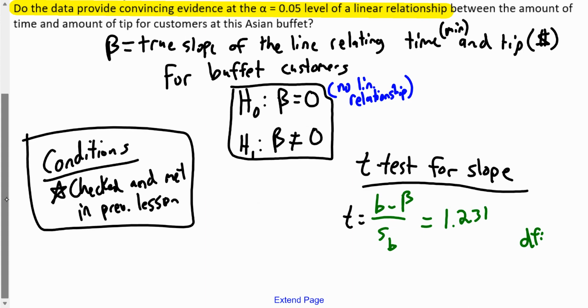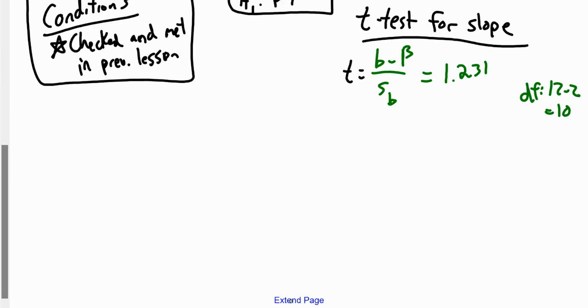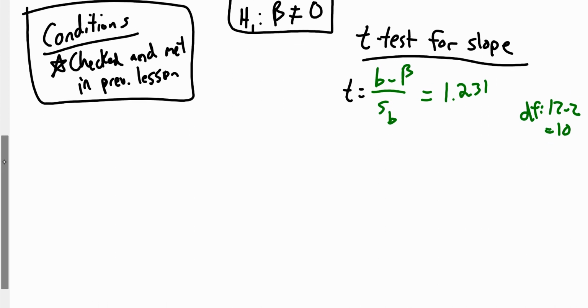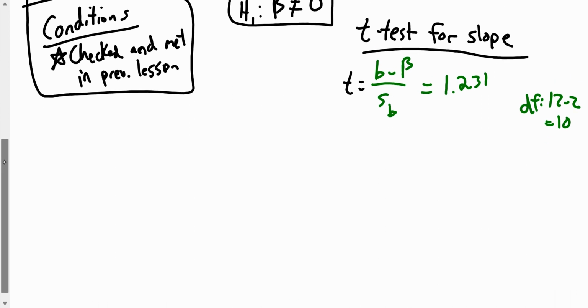So it's 12 minus 2, 10 degrees of freedom. The nice thing is, if you use your computer printout, you don't actually have to go to your table or use tcdf. But if you didn't have that information, you'd have to do that.